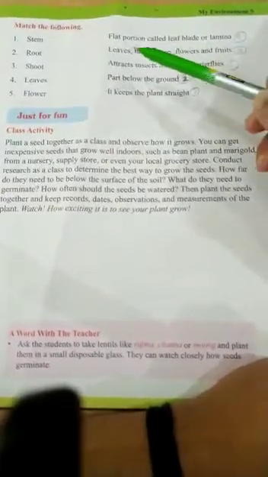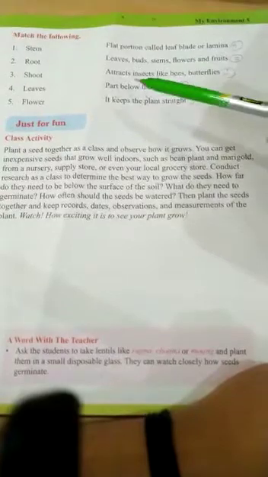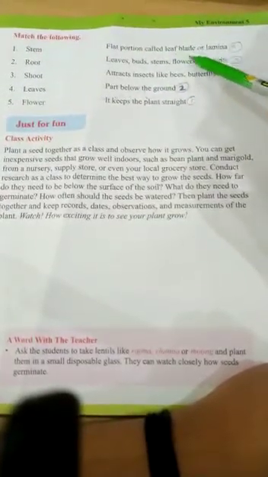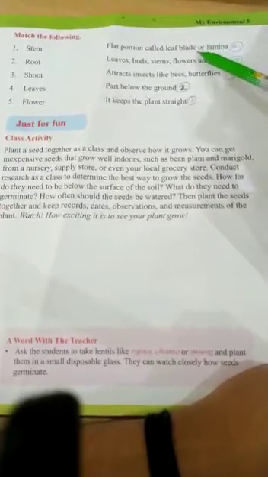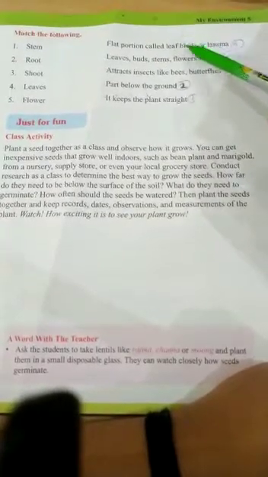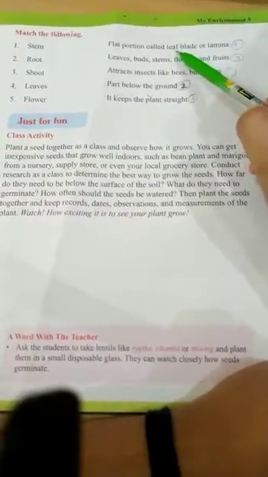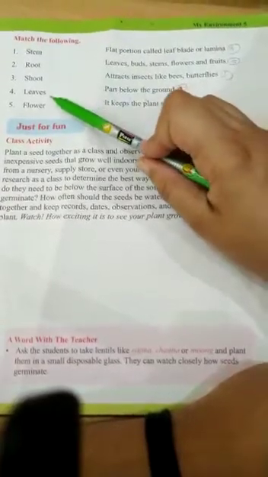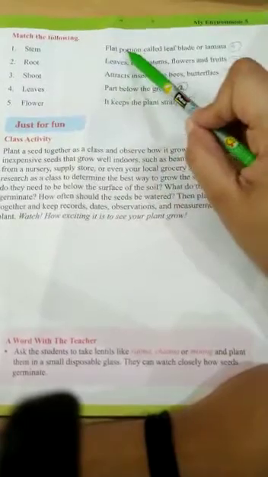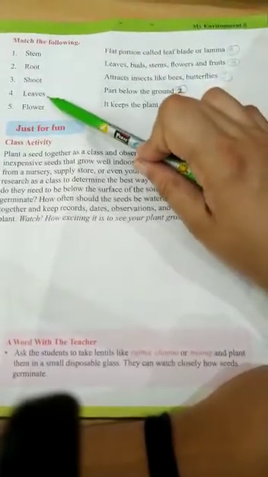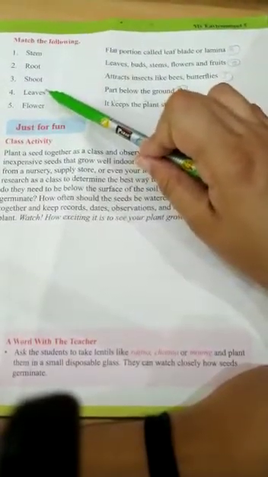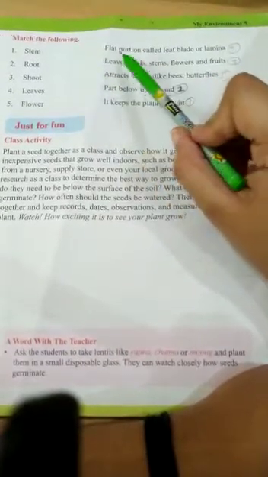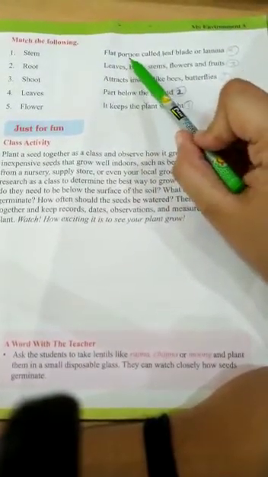It is flat, and the flat portion is called leaf blade or lamina. Or more easily, when you match, you can see the word leaf here, which directly indicates leaves. So this statement is related to the word leaves. So leaves goes right with the first statement.